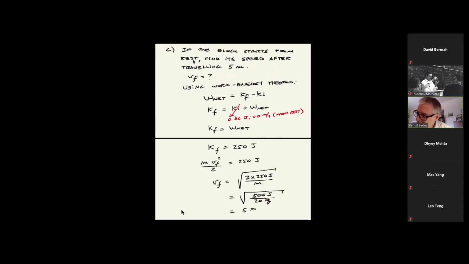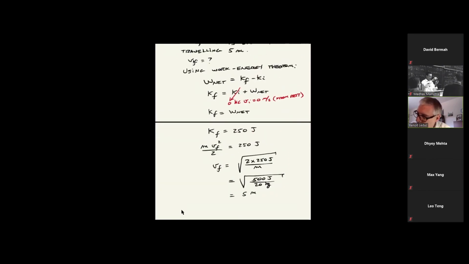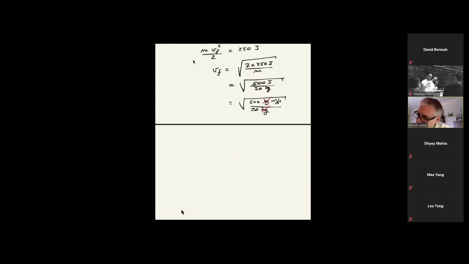Oh, by the way, let me look at my units, I'll just show you with the units. Remember here that a joule is also kilogram meter squared per second squared, divided by 20 kilograms. You notice that the kilogram and kilogram cancel.